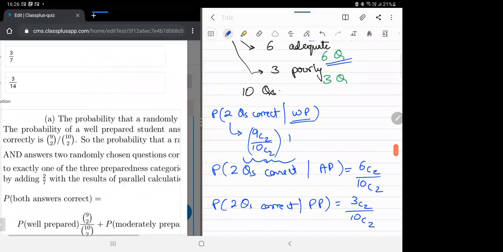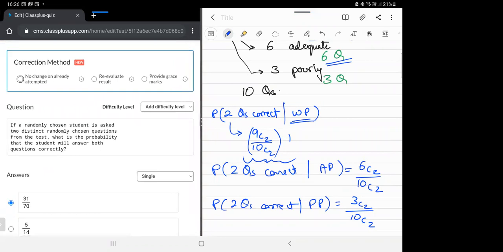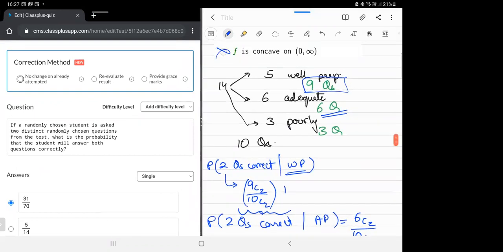Okay, so what the question asks me is, what is the probability that the student will answer both questions correctly? All right, so the probability of a well prepared student is 5 by 14. This probability is 6 by 14, and this probability is 3 by 14.